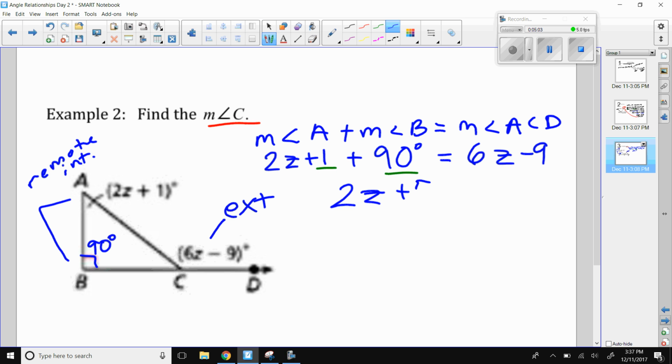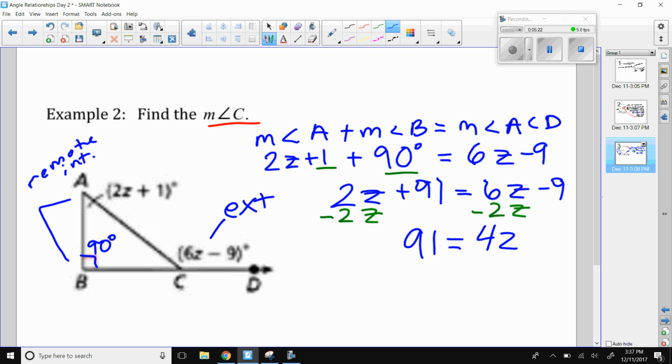4z plus 91 equals 6z minus 9. I'm going to subtract 2z from both sides. I end up with 91 equal to 4z minus 9.